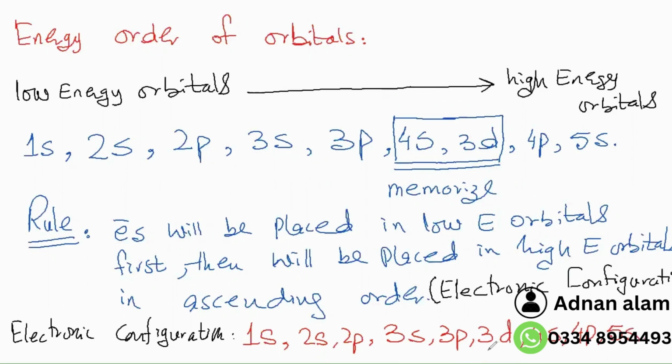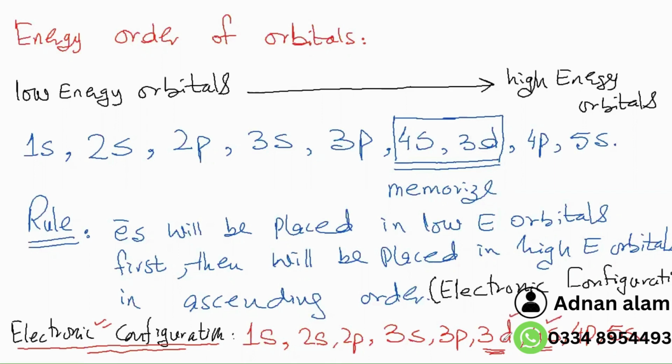Now note this point carefully. For electronic configuration, we write 3d first and 4s then. 3d will be written before 4s in electronic configuration. But electrons will be placed in 4s first, then in 3d. Placement of electrons will be done in 4s first, then in 3d.